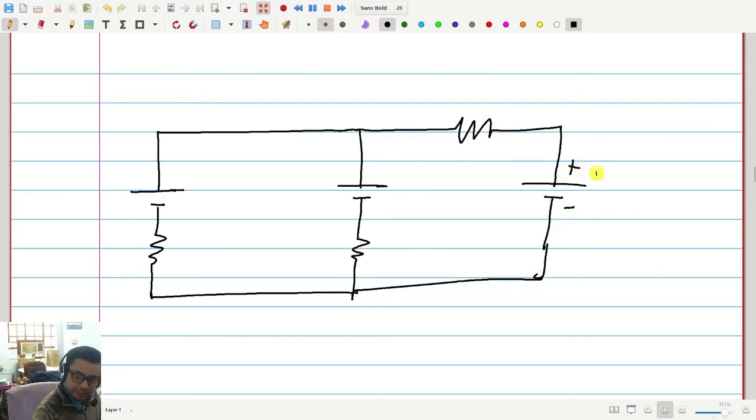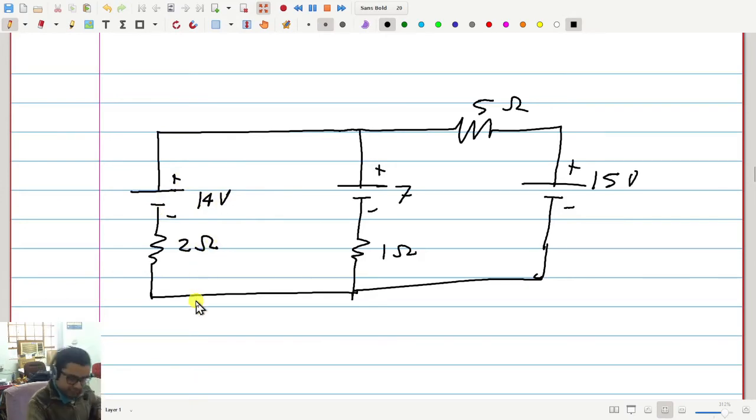Suppose this is 15 volt, 5 ohm, this is 1 ohm, this is 7 volt, and this is 14 volt, and this is 2 ohm. How to solve this circuit? The method we will use is called mesh analysis.